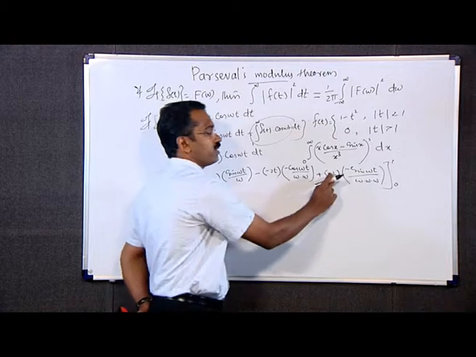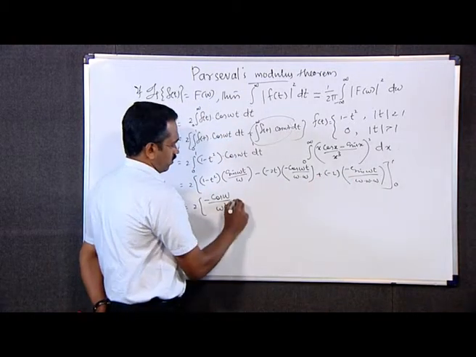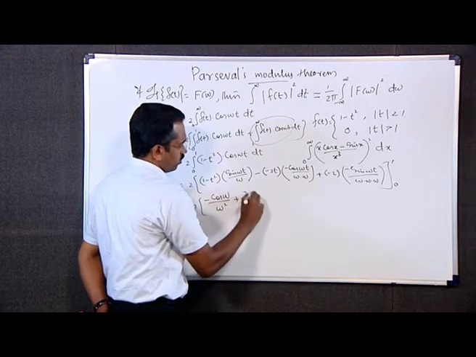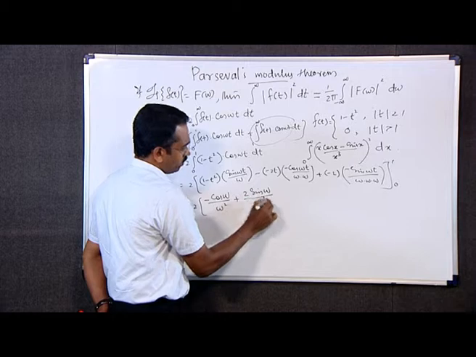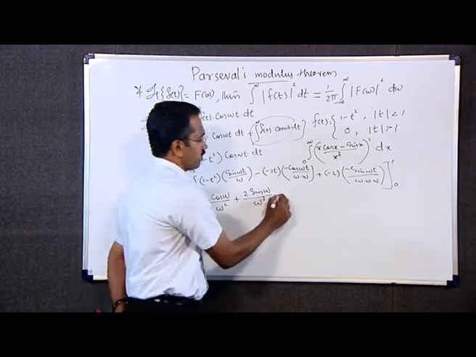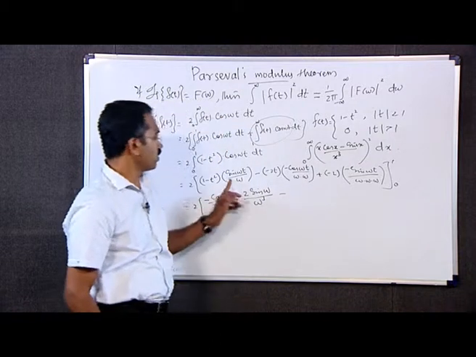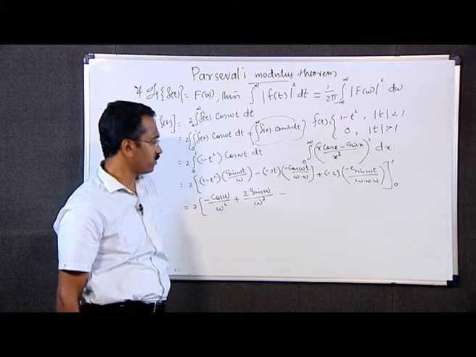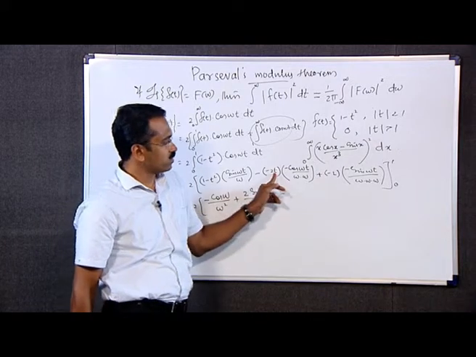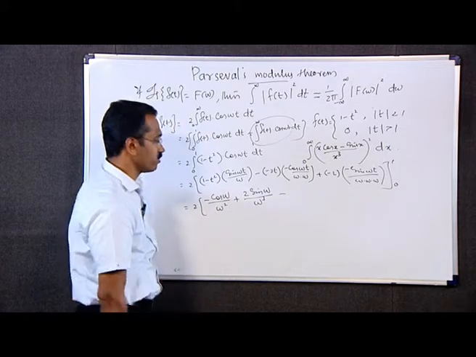Here there are 2 negatives, therefore this is plus 2 into sin ω divided by ω cube minus, when we apply the lower limit 0, here sin ω into 0 will become 0, this also 0, this third term also becomes 0.